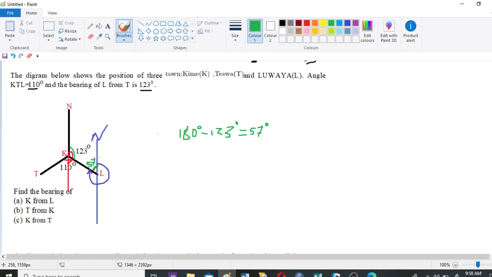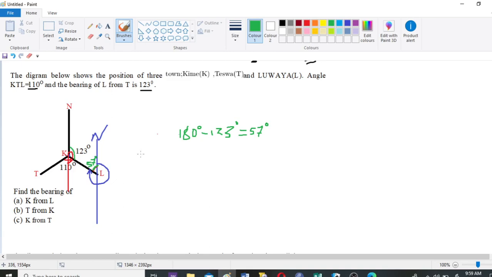Now look at the bearing we want. It gives us a shape of an incomplete circle. This incomplete circle is just lacking these 57 degrees to be complete.